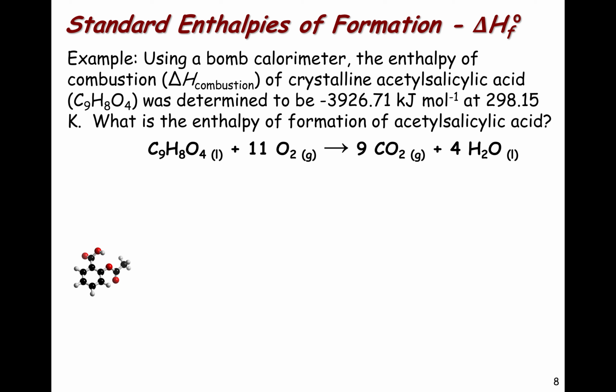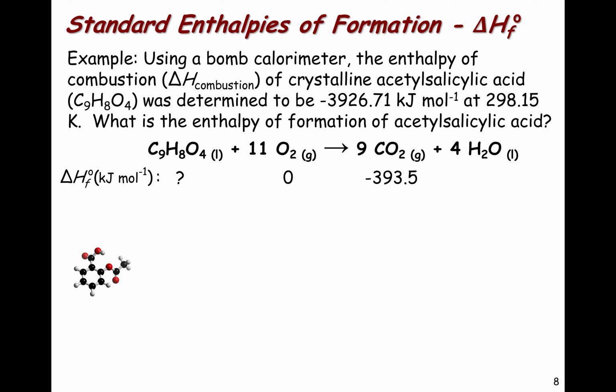Well, in this particular case, we need to determine the things that we can look up and the things we need to calculate. C9H8O4 is our acetylsalicylic acid. That's what we're going to try to figure out. The elemental oxygen, an element in its most stable form, has a heat of formation of 0.